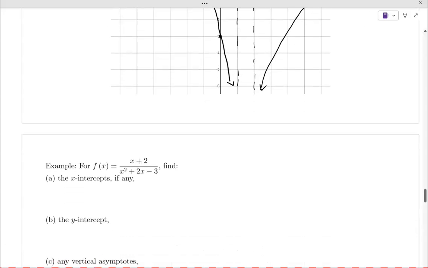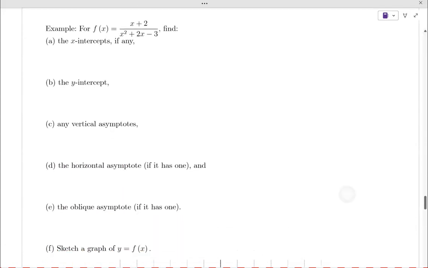All right, let's do the next one. Again, same suggestion that I had for the previous one. Factor what you can. Do that first. Anything to factor on the top?